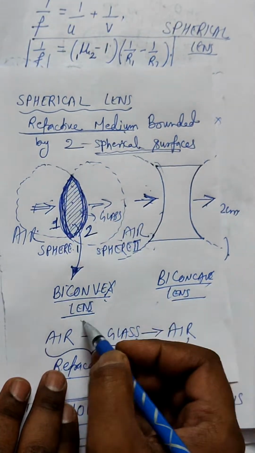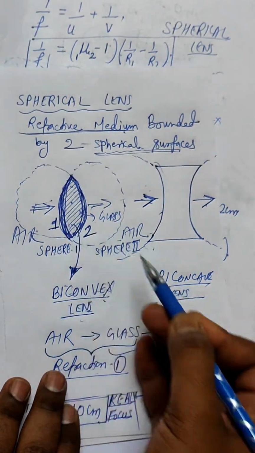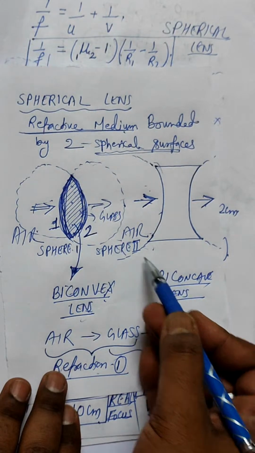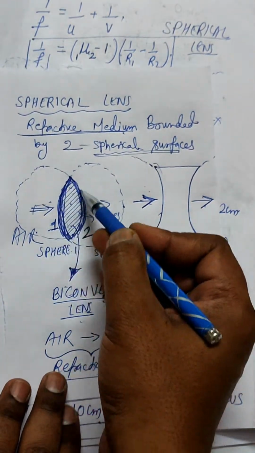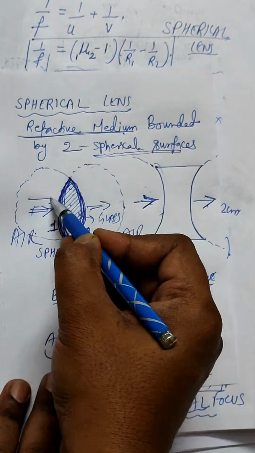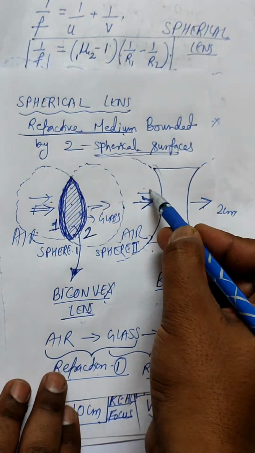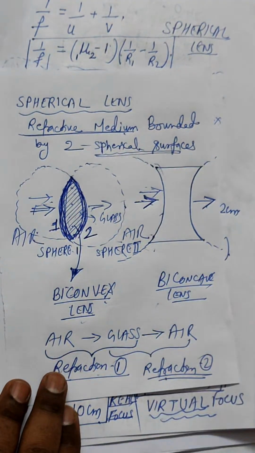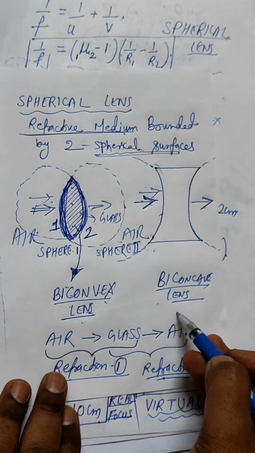And it's a biconvex lens when the bulging part is considered from the outside, this one. And for the same arc, if we consider the inner portion, it forms a biconcave lens, right?